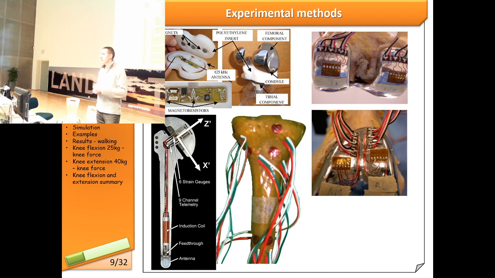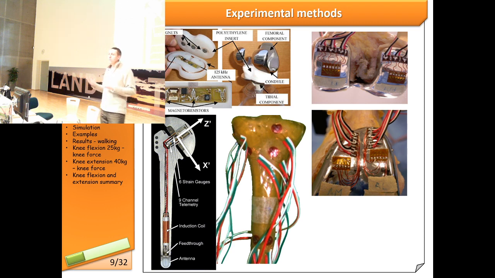So it allows installing this implant in a patient. I think there were two patients installed with such implants, and data was acquired from them. They were able to walk and do certain activities, and during these activities the forces in their knee were recorded, which is something that normally you cannot do.